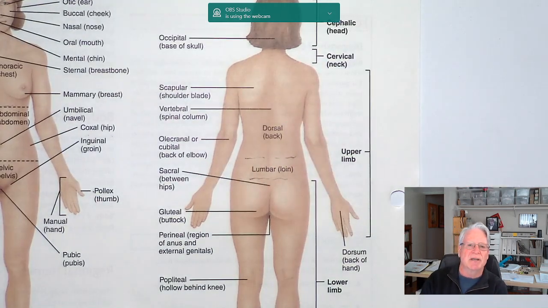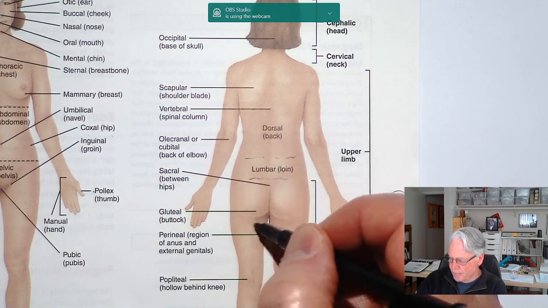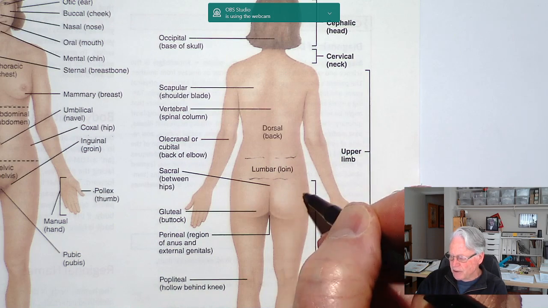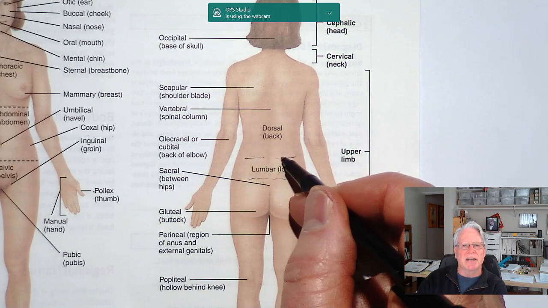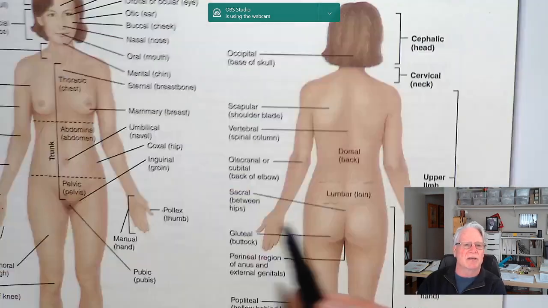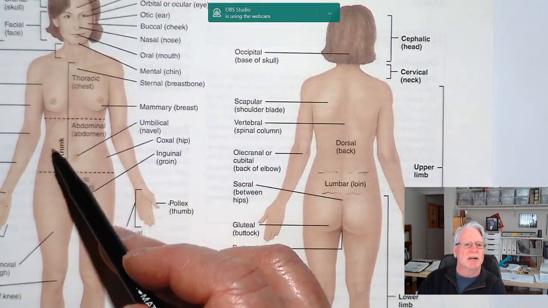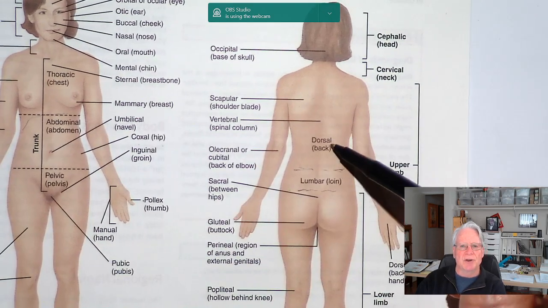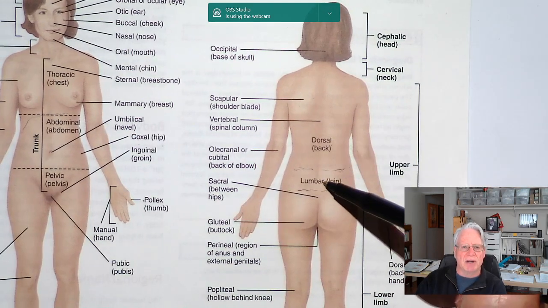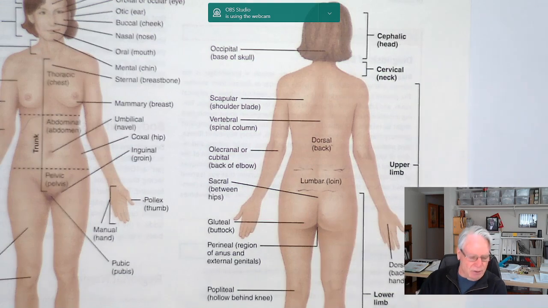Basically, that would be the lumbar or loin, and then the buttocks or gluteal area is this region here. So this is again very much like the anterior part of the body. This is divided into three areas: the dorsal, the lumbar, and the buttocks or gluteal region.